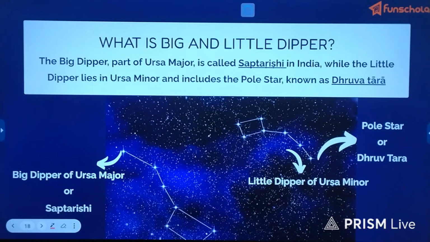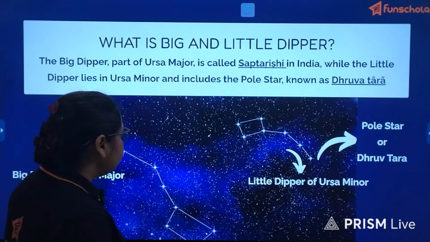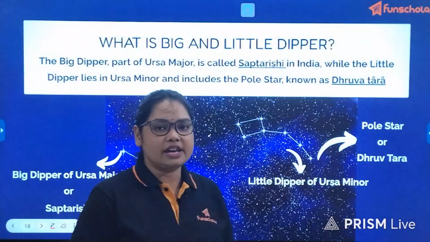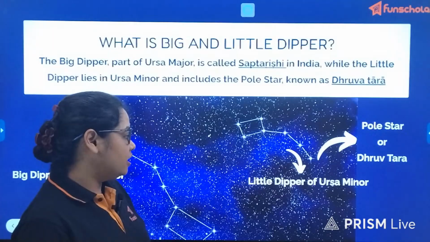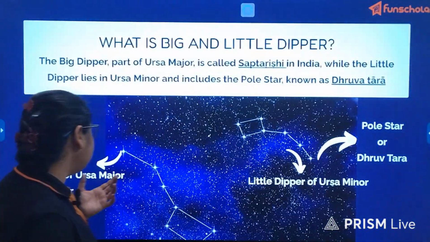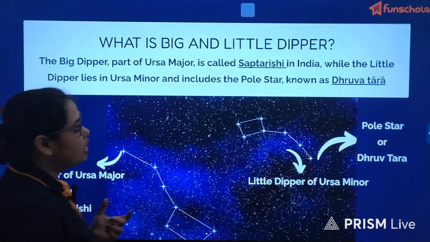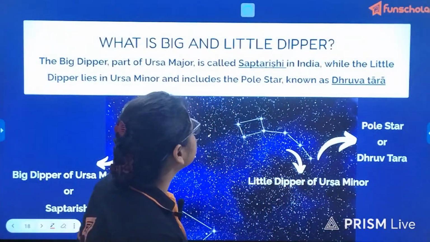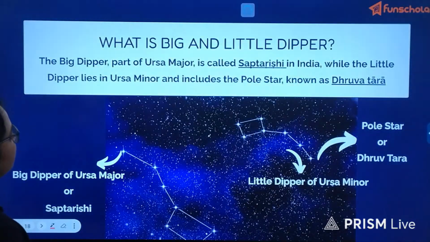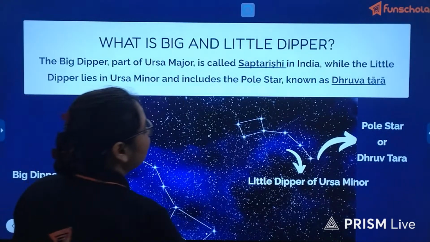What is the Big and Little Dipper? You have already watched in the video that the Big Dipper refers to Saptarshi Mandal because it is constituted by 7 stars. It is a constellation of 7 stars, and it is also known as Ursa Major. The Little Dipper, or Ursa Minor, is another constellation which includes the pole star.